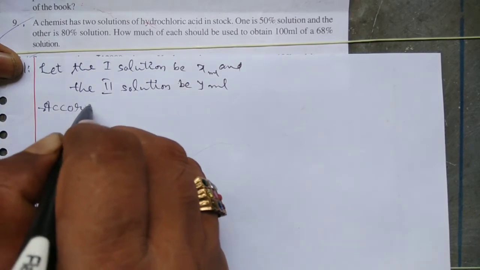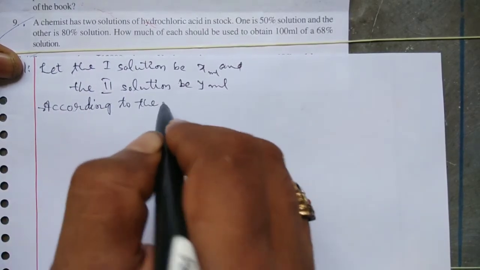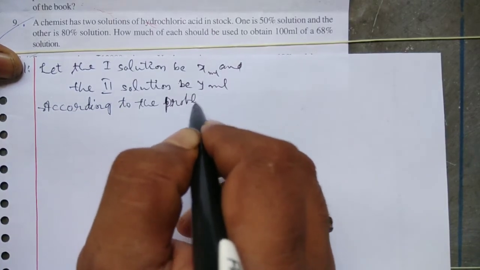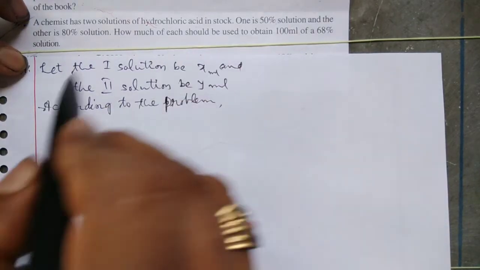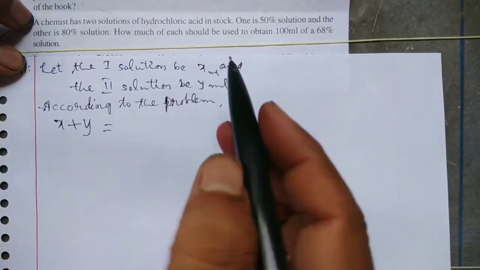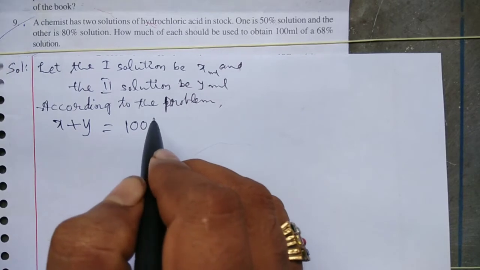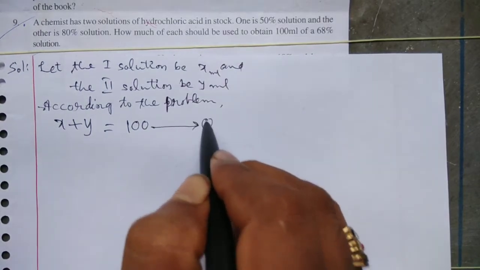According to the problem, x plus y is equal to 100. This is equation 1.